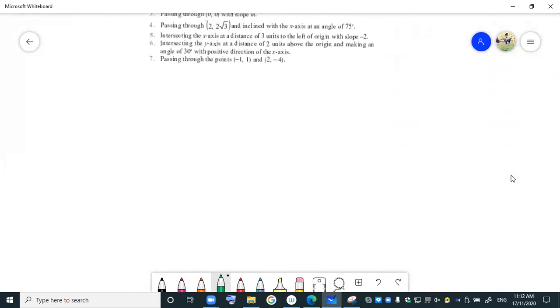Question number 5. Find the equation of the line intersecting the x-axis at a distance of 3 units to the left of origin with slope minus 2.